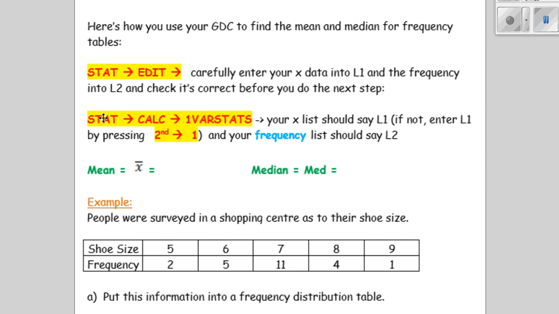So stat calc, 1 bar stats. Your X list should say L1, if not enter in L1 by pressing second 1. And your frequency list should say L2. And just a reminder, the way you write that is you go second 2. That's how you make L2. That's if it's a frequency table.